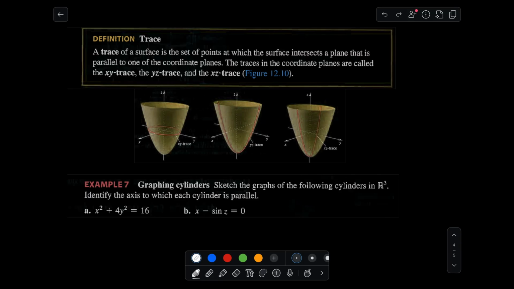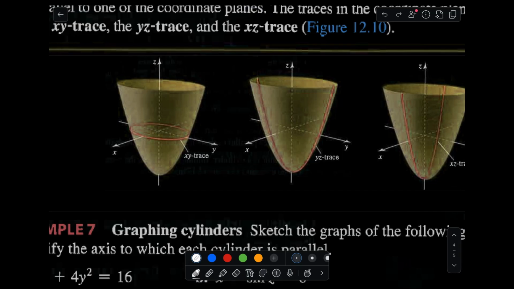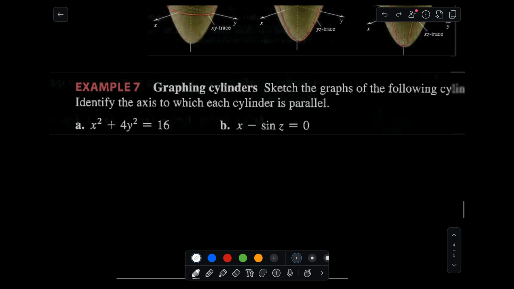And in fact, what we did earlier when we just set z equal to 0 and got a line is an example of traces in the xy, xz, and yz planes, right? As you can see right here, it's an ellipse, it's a parabola, it's a hyperbola. These are different traces, and it's going to help you sketch these graphs so much more elegantly.